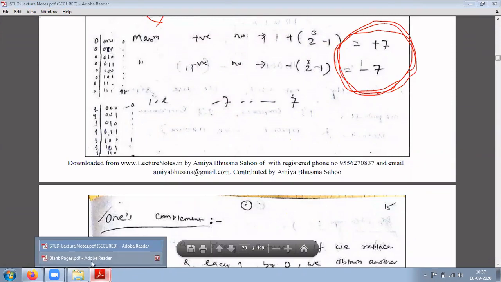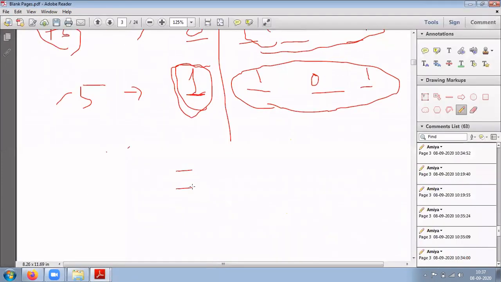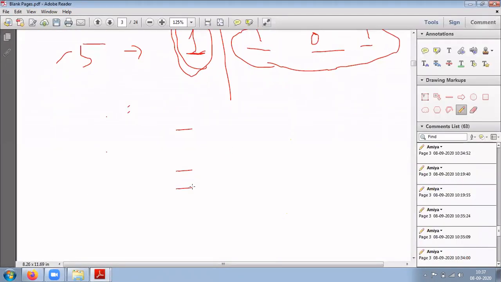So in a 4-bit system, in total how many numbers can I represent? 15 or 16? Actually, forget about negative numbers.